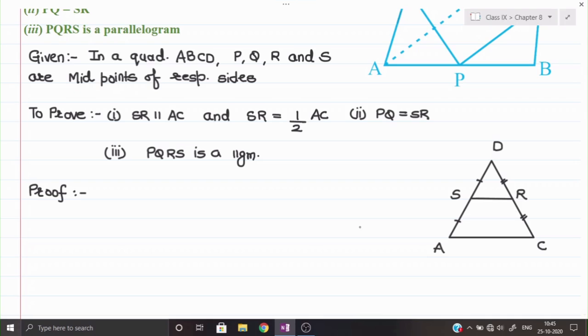See how we can write these things. We will write in triangle DAC. This triangle you need not draw again. It is not a part of the solution. This triangle I have drawn only for your information.